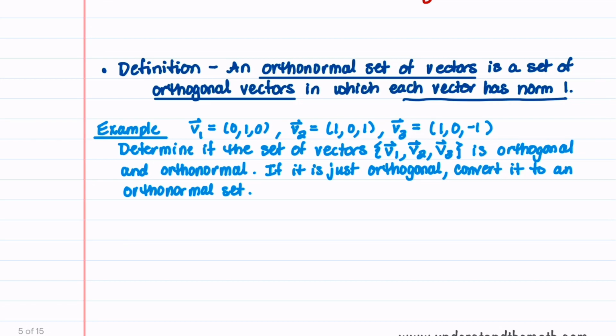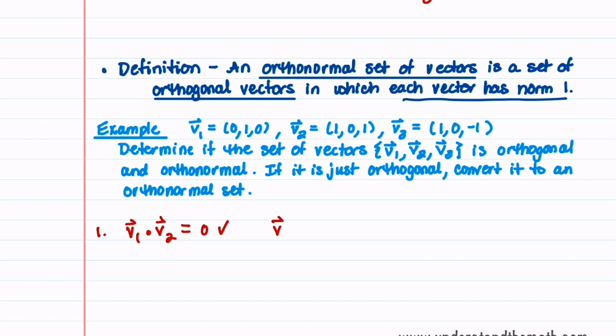In this example, we're given 3 vectors, and we're going to determine if the set of vectors is orthogonal first, and then if it's orthonormal. And if it's not orthonormal, we're going to convert it to an orthonormal set. So the first thing we're going to do is check to see if it is orthogonal. We'll mark that with a 1. So let's check that. V1 dotted with V2: when you multiply out the components, you get a 0, a 0, and a 0, so that's 0.